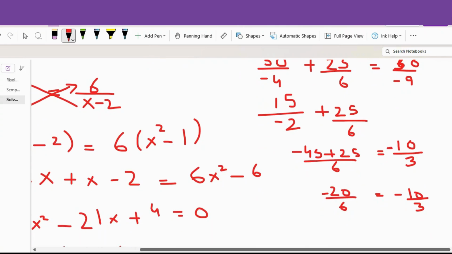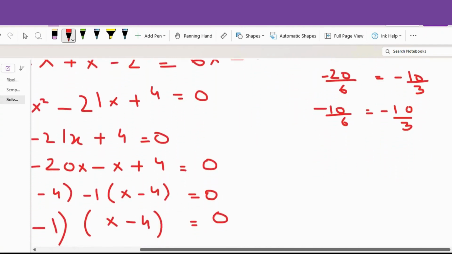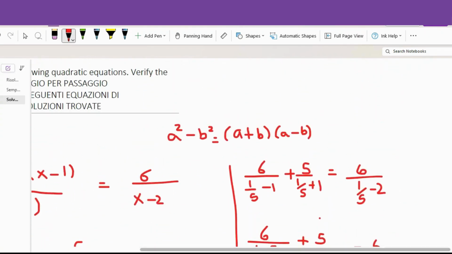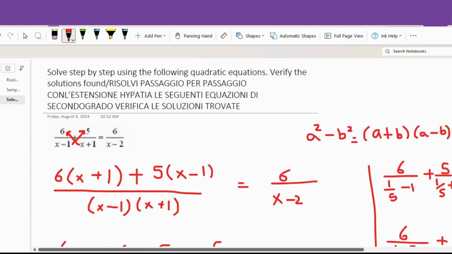So this means that this value of x is valid for this question. Now likewise, you would do the same for the other value of x that we found, which was 4. All you have to do is replace the x value with 4 and see if the solution is valid or not. That's how you are going to solve this question.